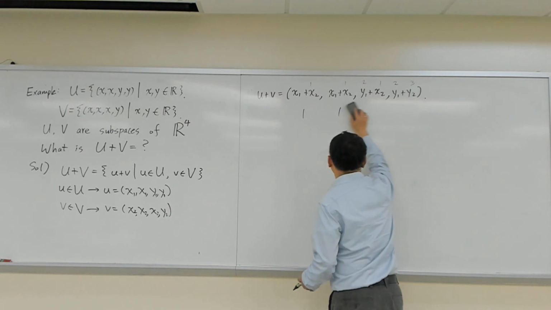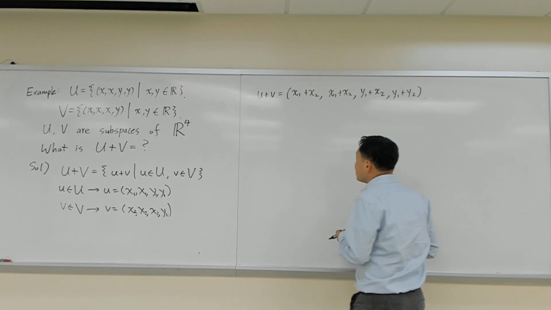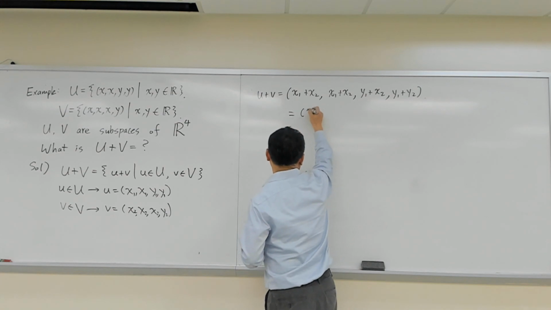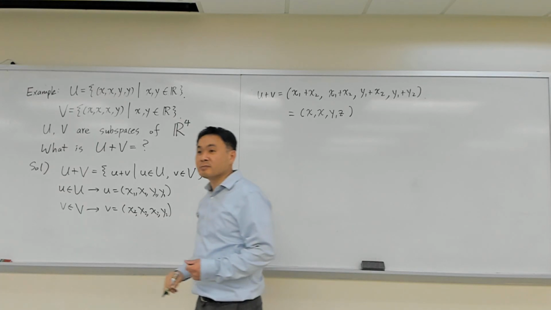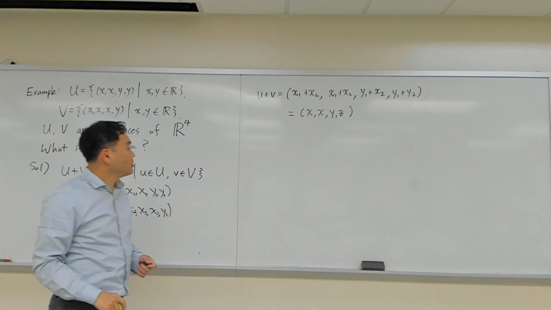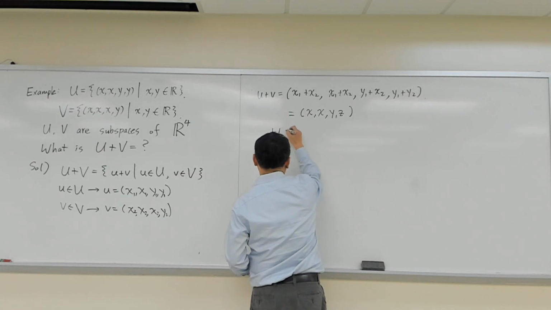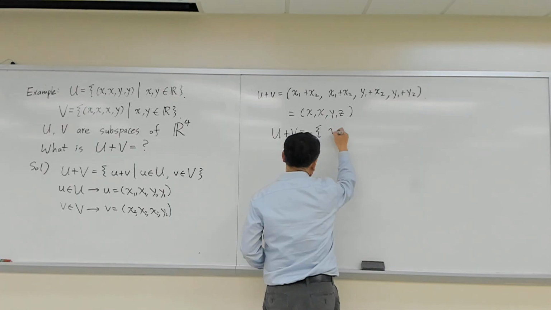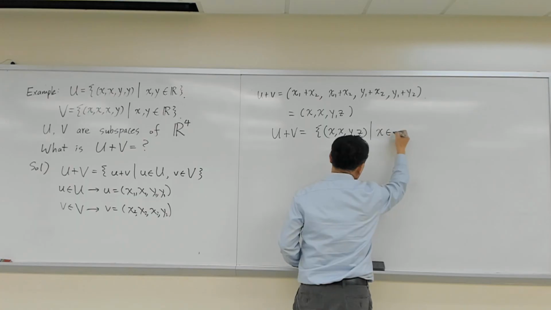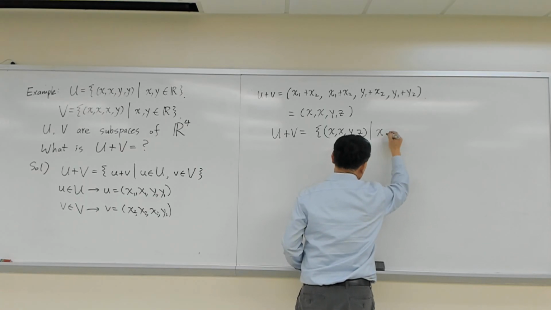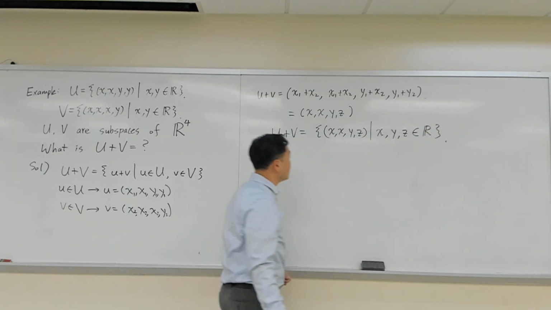So you can say that these look like (x, x, y, z), so that means U plus V is going to be sets of (x, x, y, z) where x, y, z are real numbers.